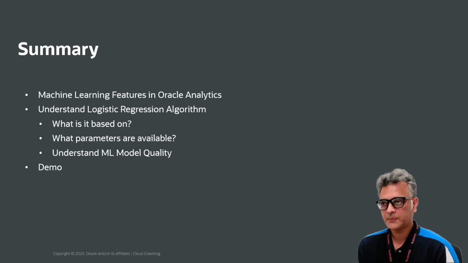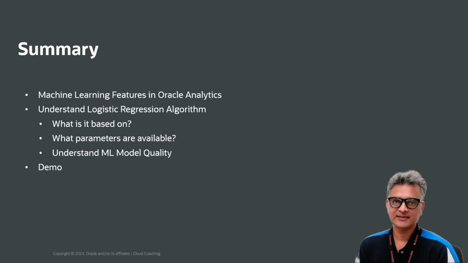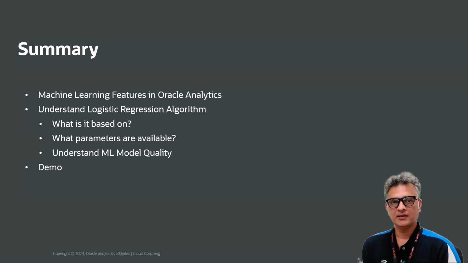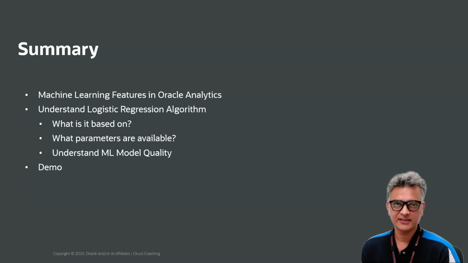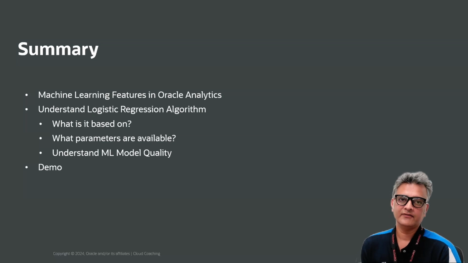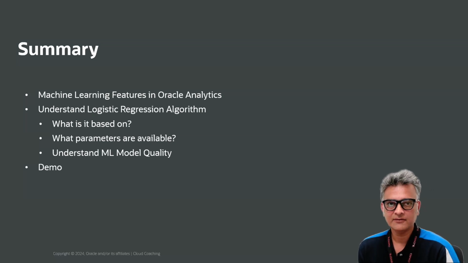We explained what the logistic regression algorithm is all about, what it is based on, and how, even though the name suggests regression, it is actually used for a classification problem by first predicting the outputs in numbers, and then applying a sigmoid or logistic function to convert those values into the range between 0 and 1. And that's how we have used logistic regression for a binary classification problem.